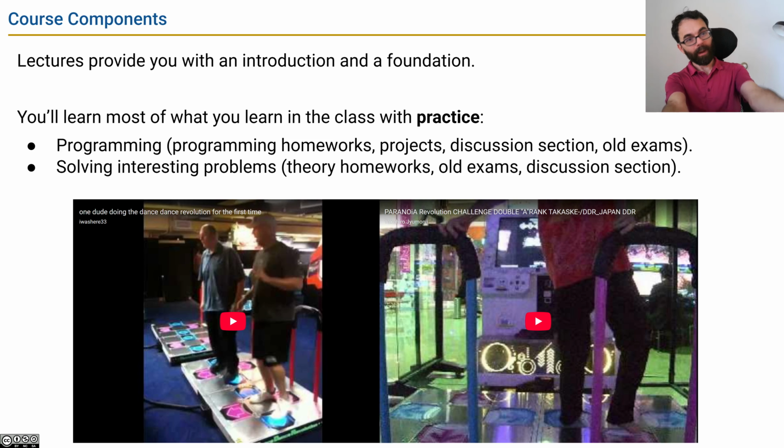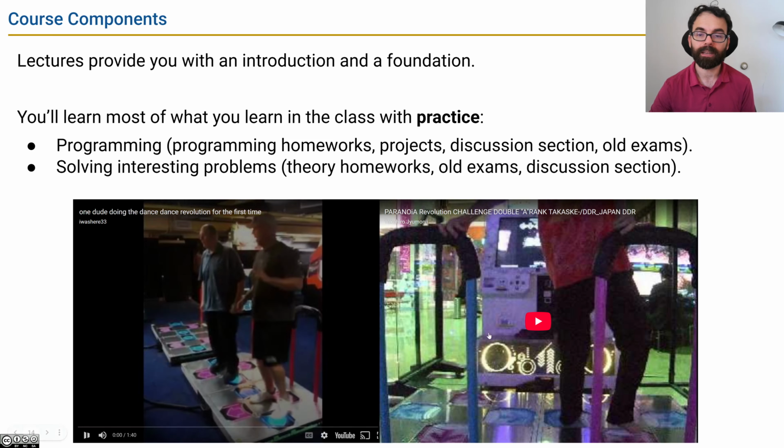So writing code in the case of programming, and doing interesting math problems in the case of the mathy side of the class. We give you a lot of different types of practice with each of these two aspects of the course, the programming and the interesting problems, and that's really where you're going to learn. You can watch me talk all day, and you can leave the room feeling like you really learned something, but where you really learn is with practice.